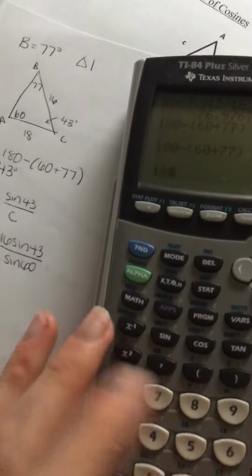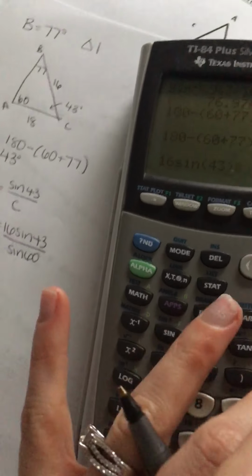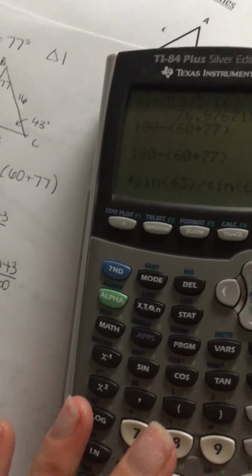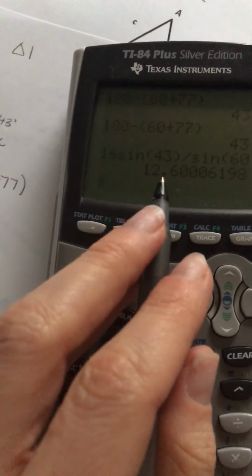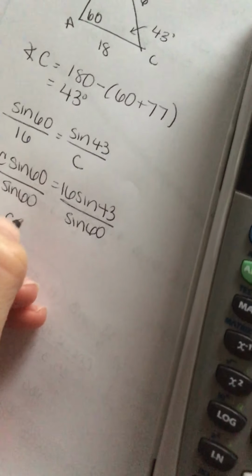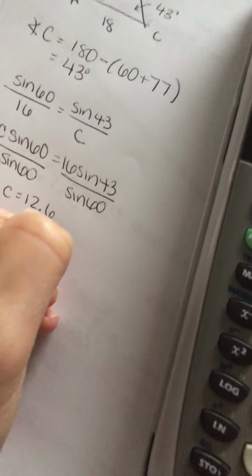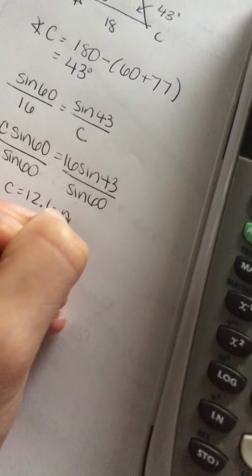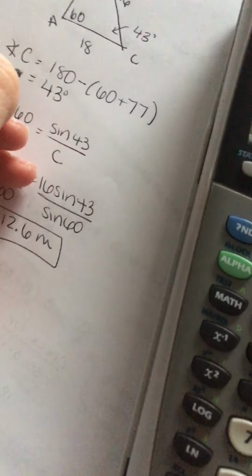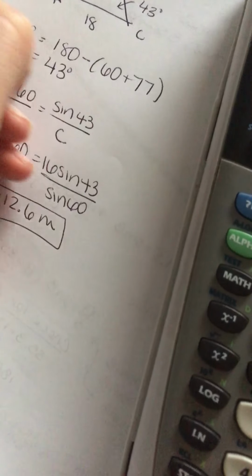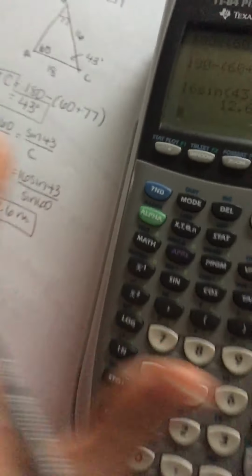So I get 16 sine of 43 divided by the sine of 60, 12.6. C is equal to 12.6. And I think we were in meters. Perfect. So that's our one triangle.